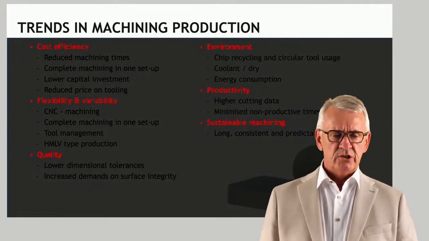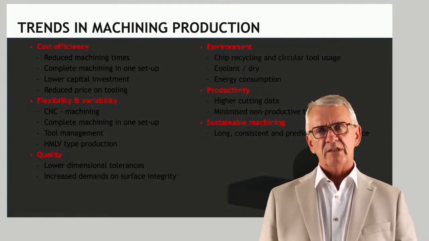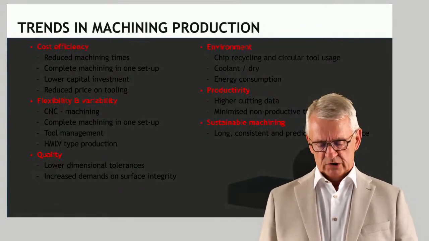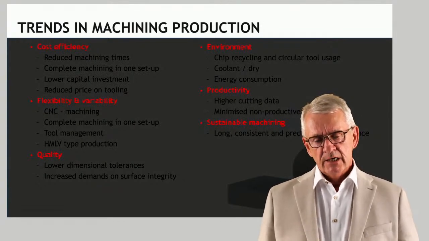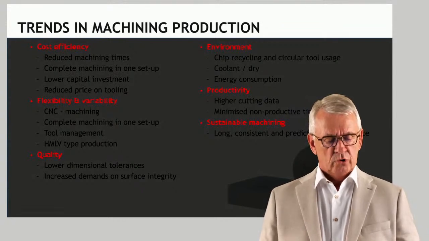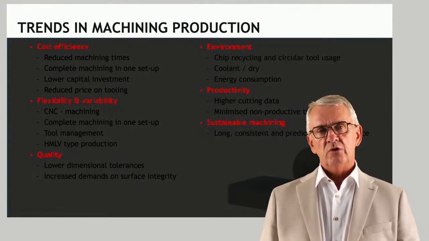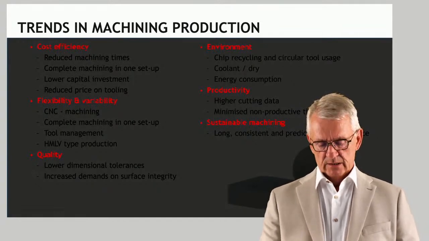That is rather new when we talk about machining. And in such a way, we more and more talk about sustainable machining as something which is important. Doing machining in such a way that we fulfill the needs of today. Of course, we need workpieces today, but we should not jeopardize the future by doing that.